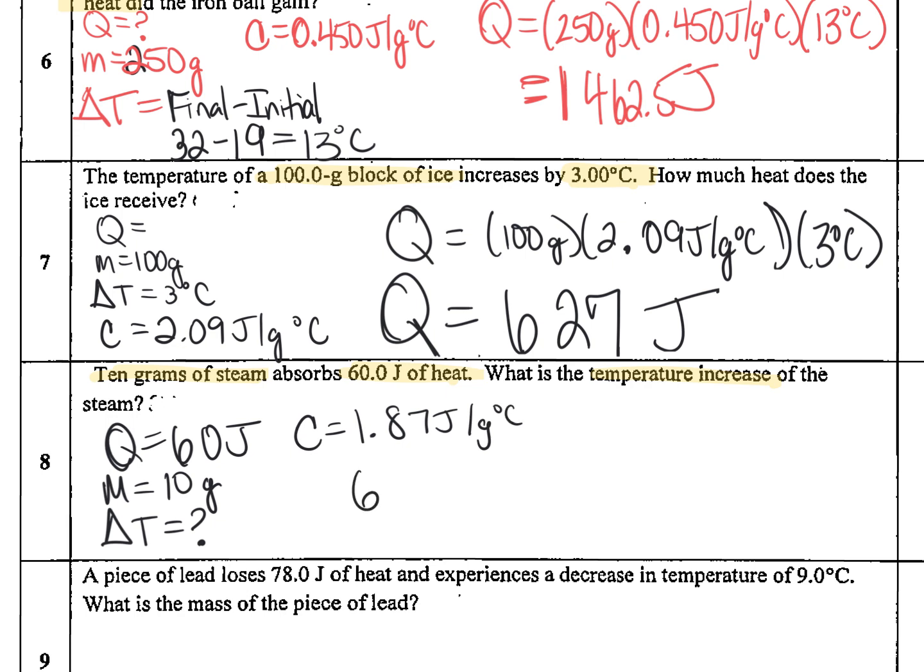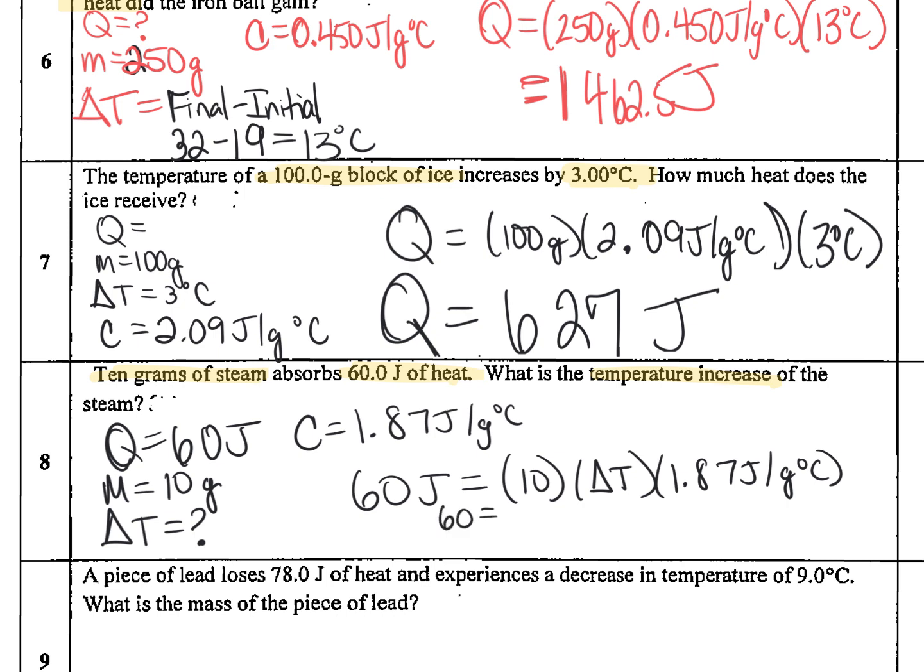So this one looks a little bit different. We're going to have our Q is equal to our mass times our unknown times our specific heat, and we're going to actually solve for our unknown. So we have 60 is equal to 18.7 times our change in temperature, 10 times 1.87.